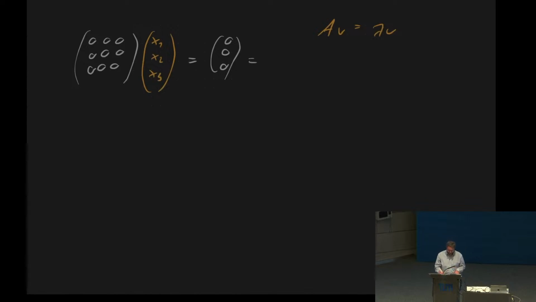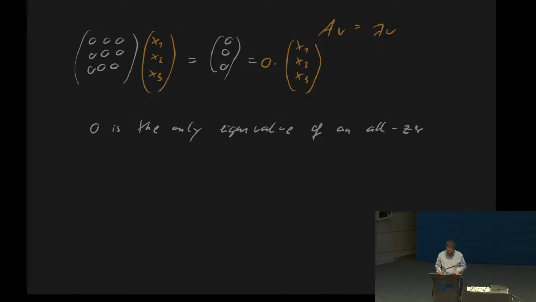So the result is always 0 times our original vector, no matter which vector we use. That means the only eigenvalue this matrix has is 0. So 0 is the only eigenvalue of an all zeros matrix, and that's true no matter the size of the matrix.